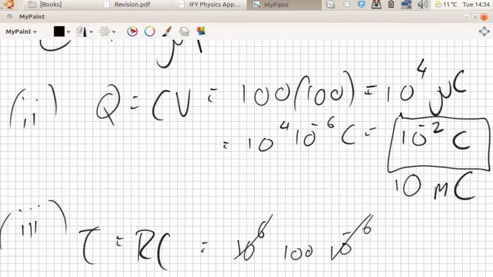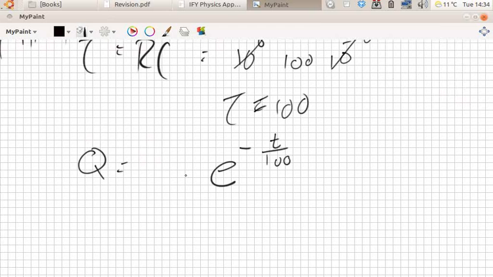It's 10 to the minus 2. And we actually know what the t is. He said 10 seconds, didn't he? So there we go. It's just a matter of typing this in on the calculator. 10 to the power of minus 2 times e to the power of minus 0.1.